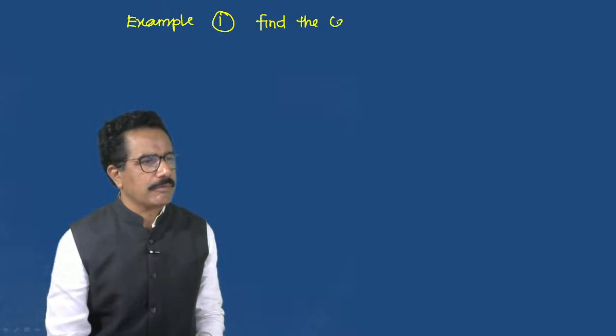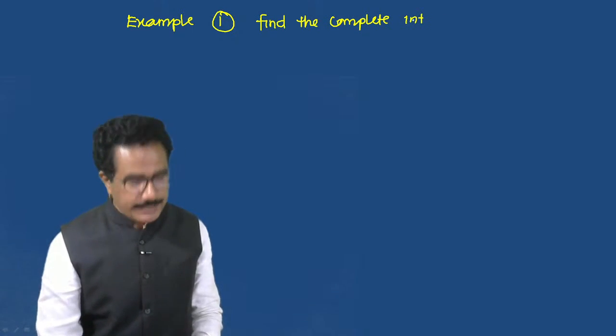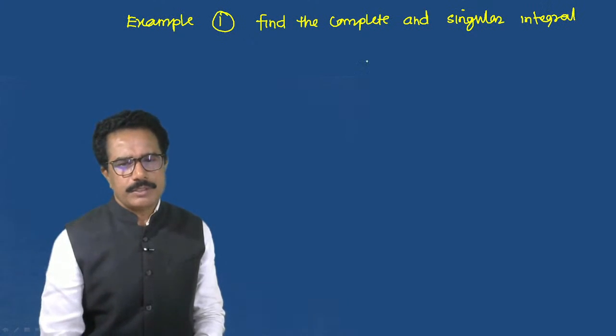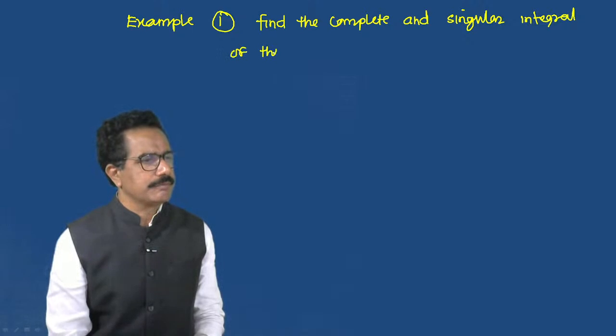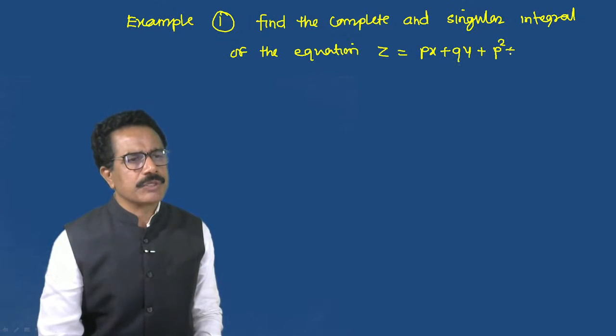Now let us take an example, it is very simple. Example: find the complete integral and singular integral of the partial differential equation z = px + qy + p² + q².